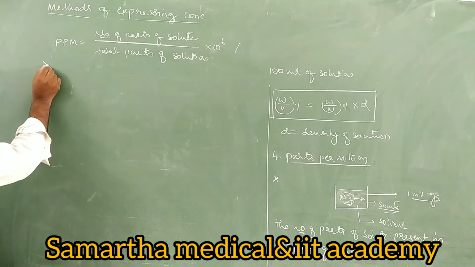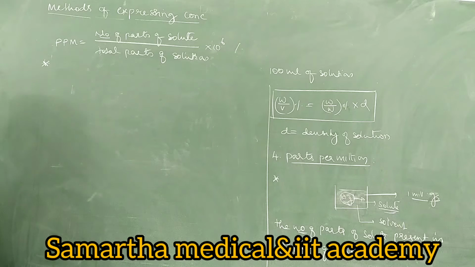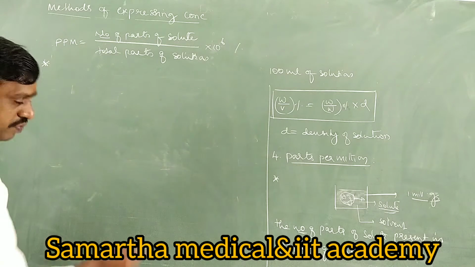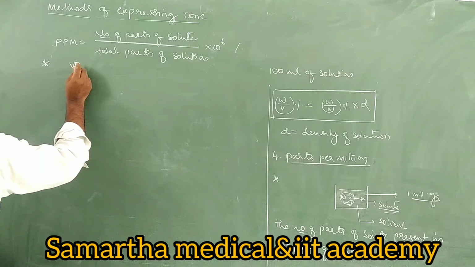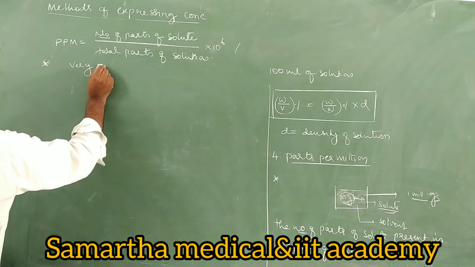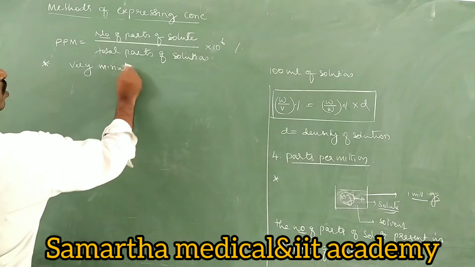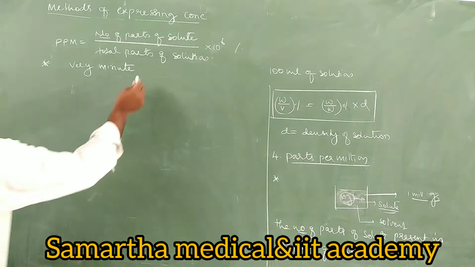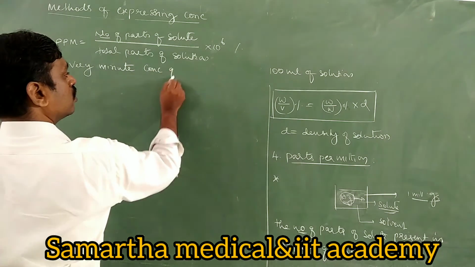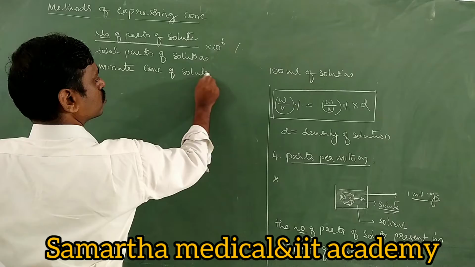Parts per million is used to calculate very minute concentrations of solute, very minute meaning very small.